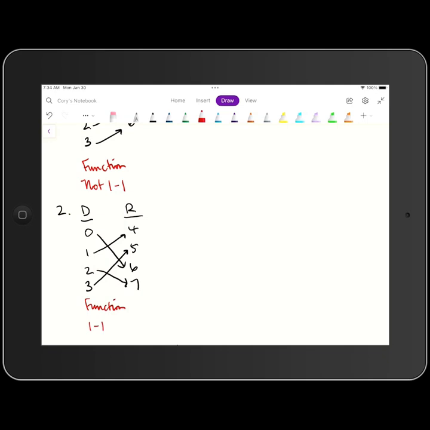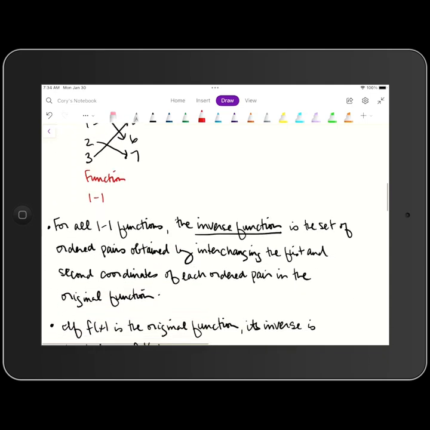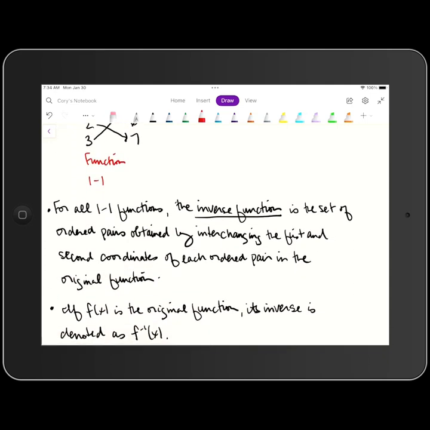All right, and the function being one-to-one is going to be of great significance to us in this section. We're going to talk about what that tells us about the function momentarily. Okay, so for all one-to-one functions, the inverse function is the set of ordered pairs obtained by interchanging or swapping the first and second coordinates of each ordered pair in the original function.